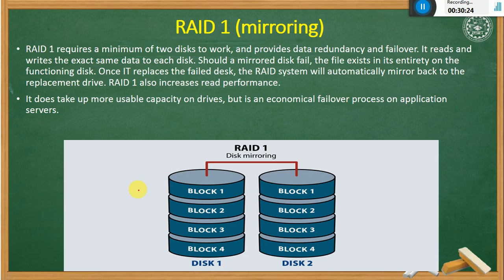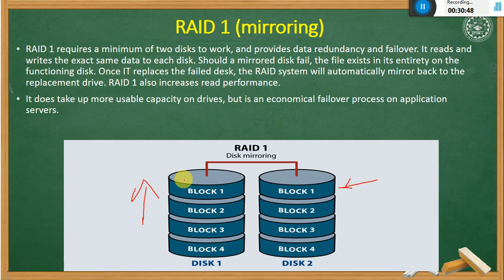Data is divided into two blocks and the same blocks are stored on the second disk. If the first disk fails, we have a second disk. There is redundancy of data, duplication of data, or multiple copies of data available. It is fault tolerant, it is reliable, and it requires more space. So that is the concept of RAID 1.